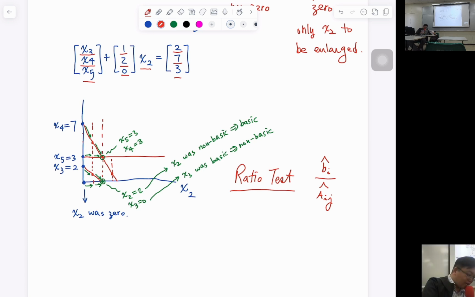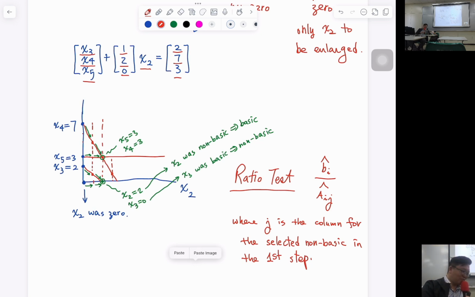So j is the column for the selected non-basic variable in the first step. Okay?